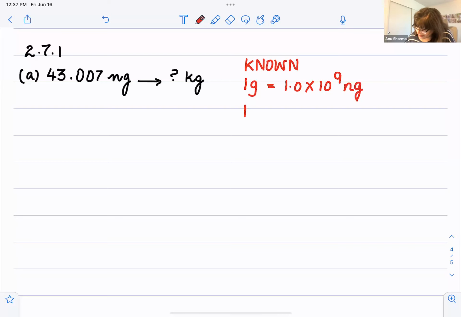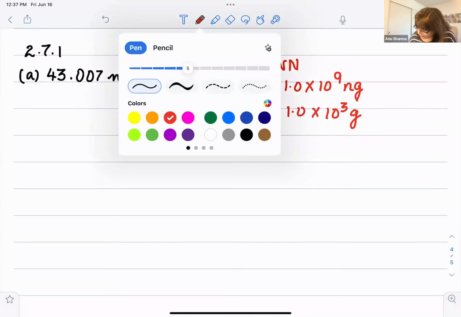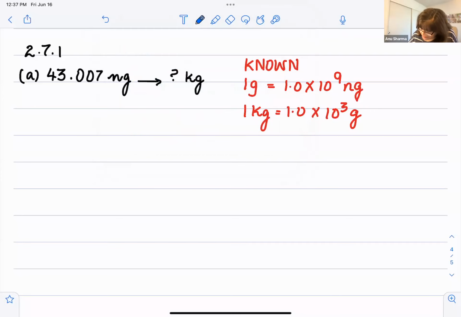Next is 1 kilogram is equal to 1000 grams, or 1.0 into 10 to the power 3 grams. Okay, so this is known. Now what will you do here? This is the map you will make. You're going to take the nanograms, convert to grams, and grams to kilograms.